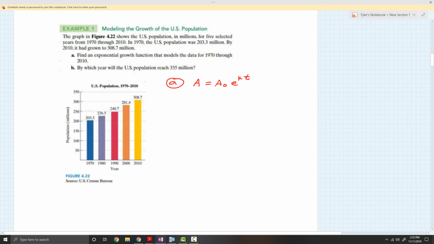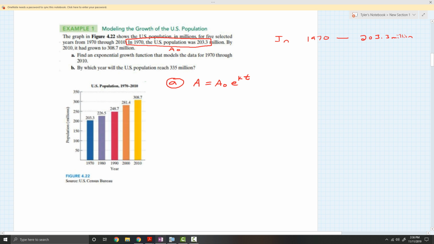So it's common here, for dealing with time, if you read over this and think through this for a moment, our initial amount is basically 1970. So this is information about my initial amount. In other words, in the year 1970, we have 203.3 million people.